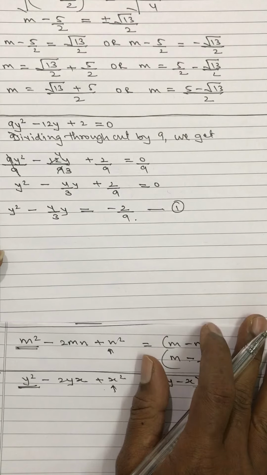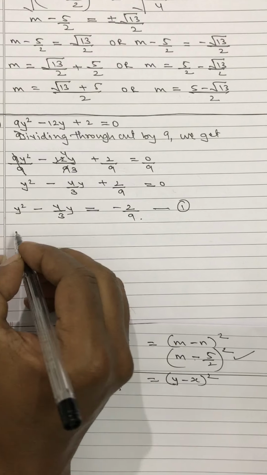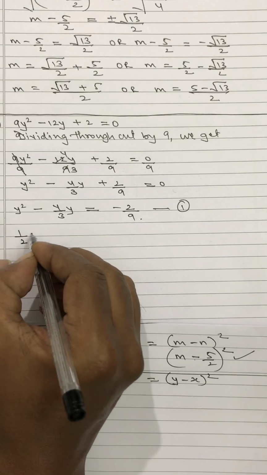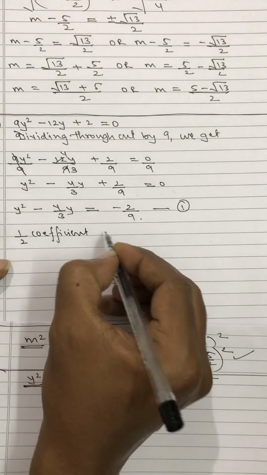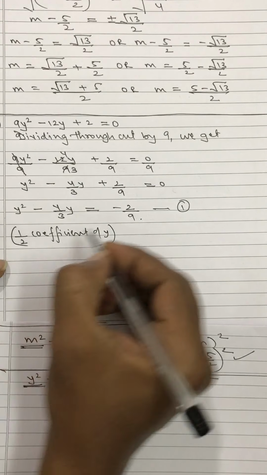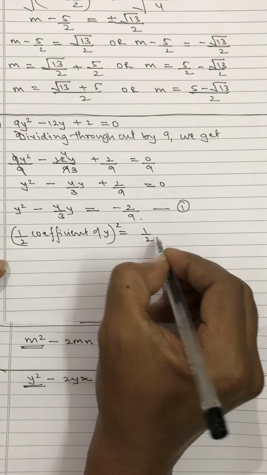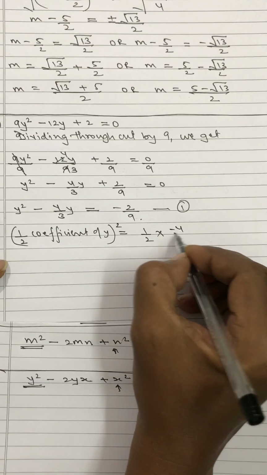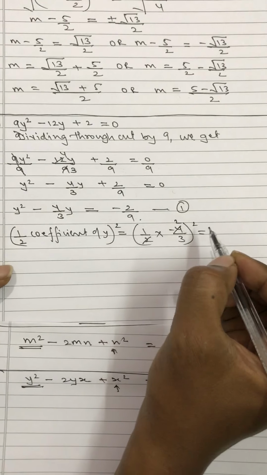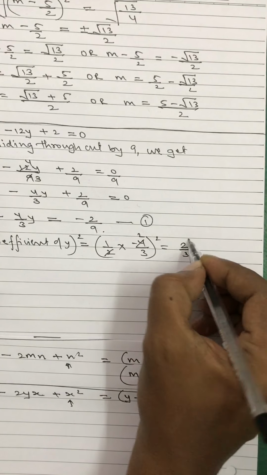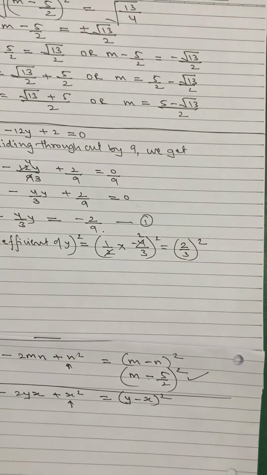Now I will go to find my third term, that is half of coefficient of y the whole square. That means half of, what is the coefficient of y? Minus 4 upon 3 the whole square. So this 2 is 1, this will be 2 upon 3 the whole square. Fine.